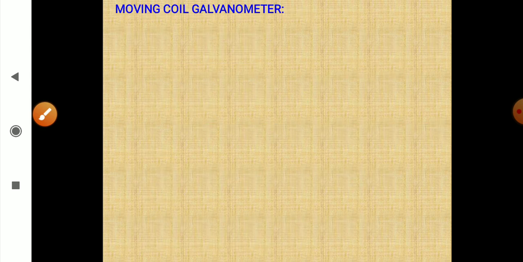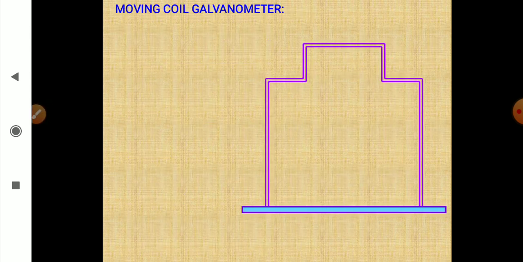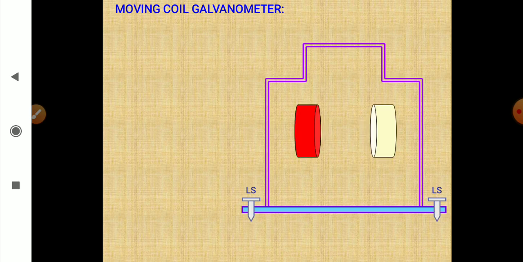So let us move on to moving coil galvanometer, which is a direct application of the previous derivation. So it consists of two cylindrical poles, north pole and south pole, which establish a magnetic field between them.